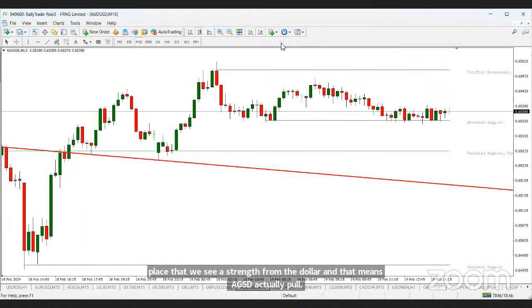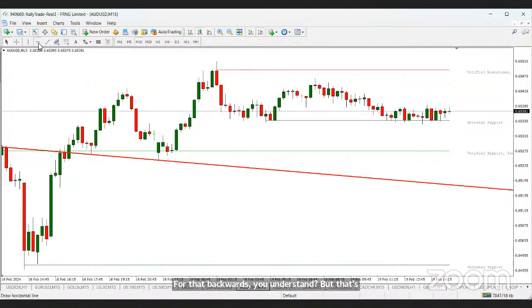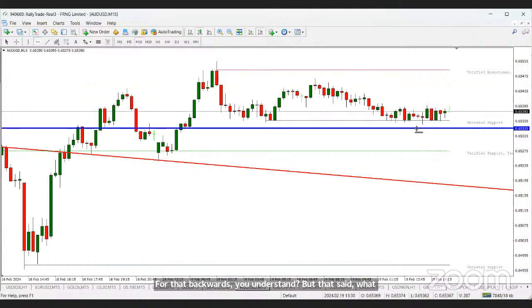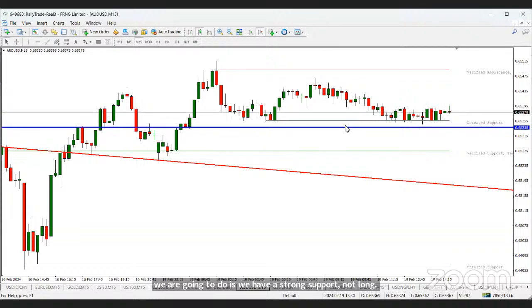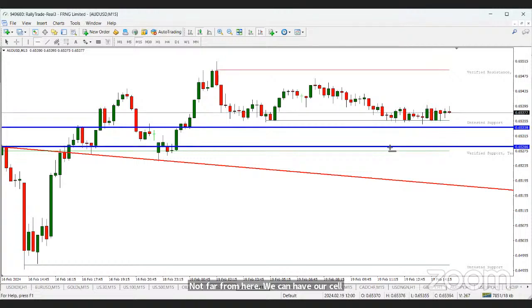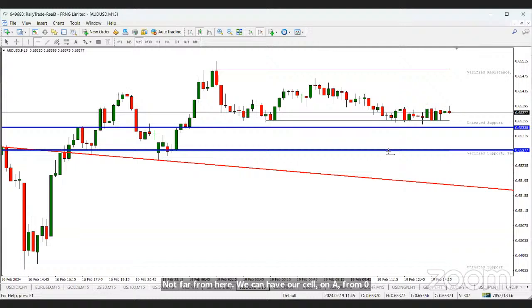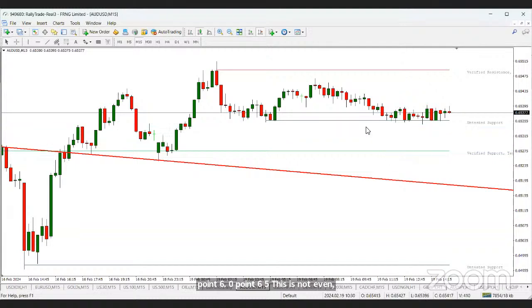But that said, we have a strong support not far away from here. We can have our sell on AUD USD from 0.65, but there is a lot of tight trading, we just have 5 pips here, so I'm not going to use it.